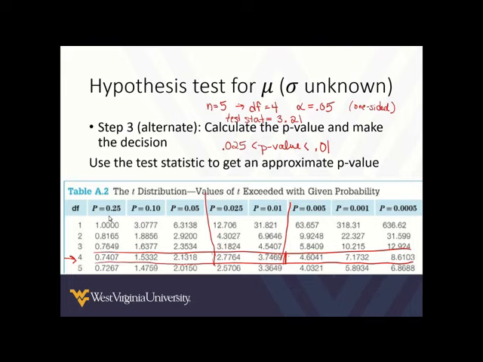This isn't ideal because we can't get it exact, but we can make the range, and usually from the range we can make a clear decision. So in general, I would prefer you to use the rejection region method because it is more exact, but I will expect you to know both methods.